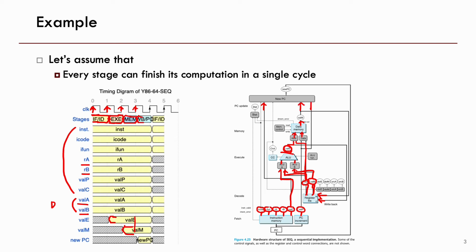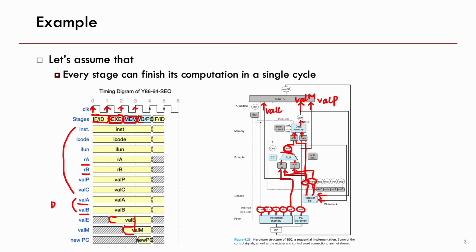There are three input data: one is val C, the next one is val M, and the last one is val P. These three values are candidates for the next PC, and all three inputs to the PC update stage are available at cycle 3 as well.